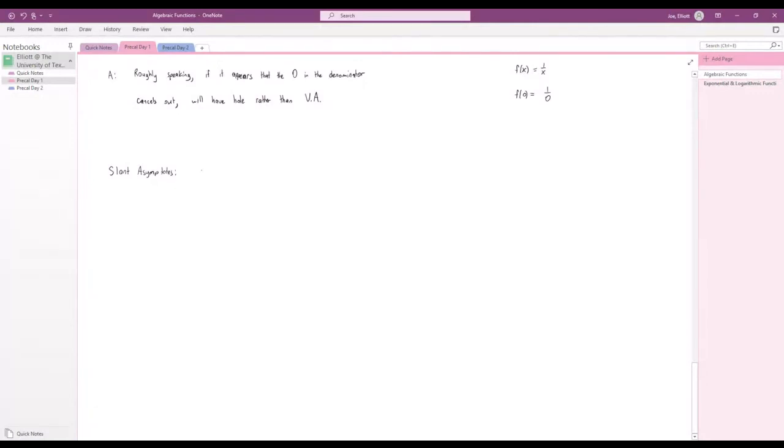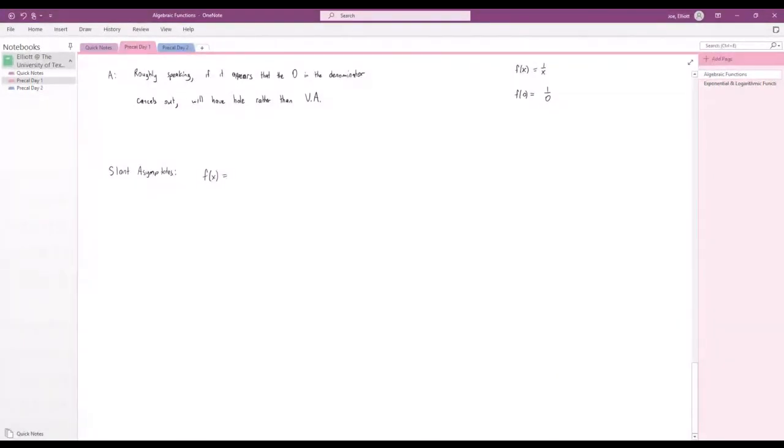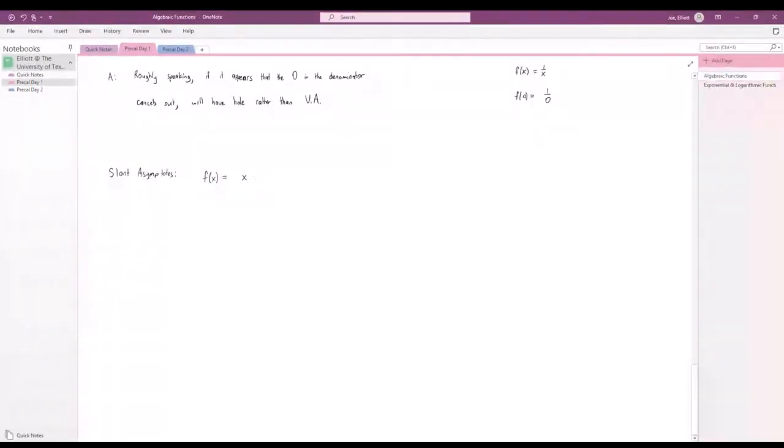I'll create an example to illustrate when it might happen. I don't have an example prepared, but I will make one up on the spot.